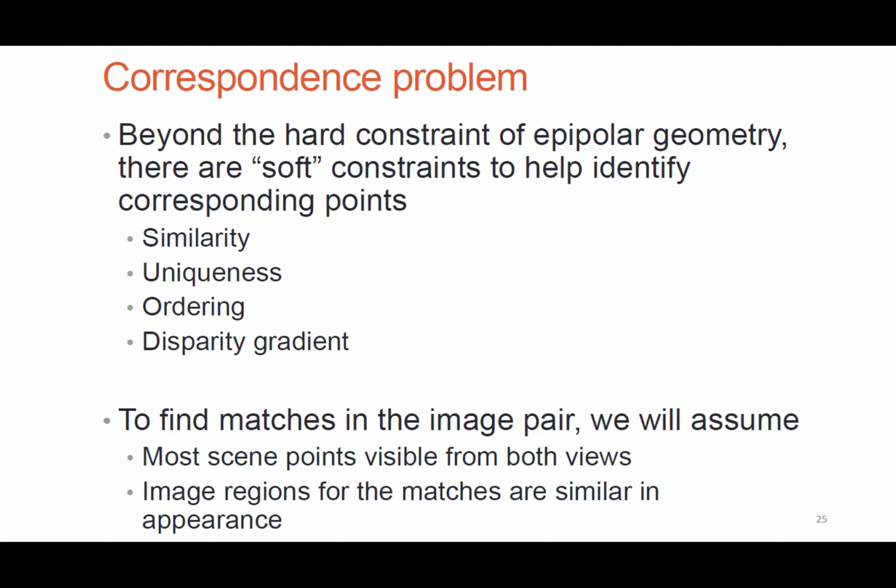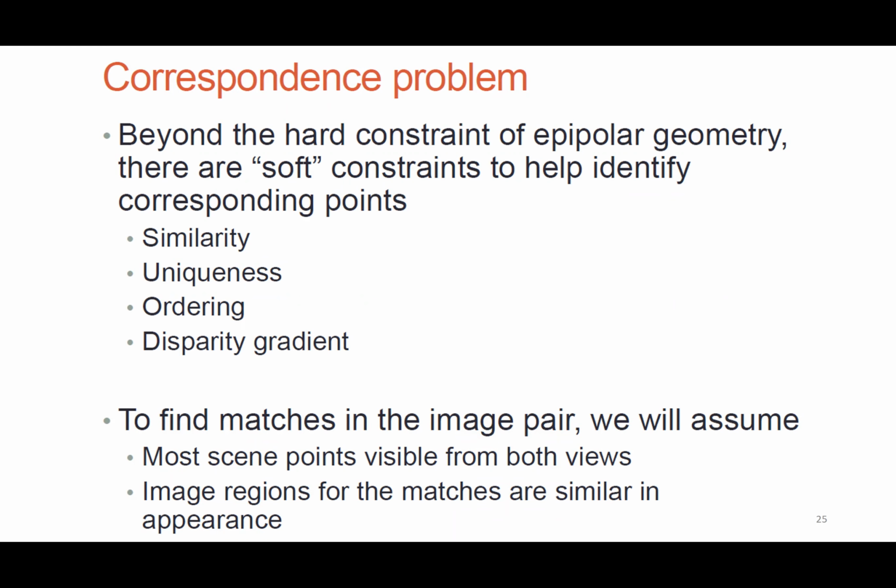The second part is now to find the match. What we have done so far is referred to as a hard constraint, because you are saying there is no other way; it has to be on the locus, which would be a line here. You just need to look at the epipolar line.